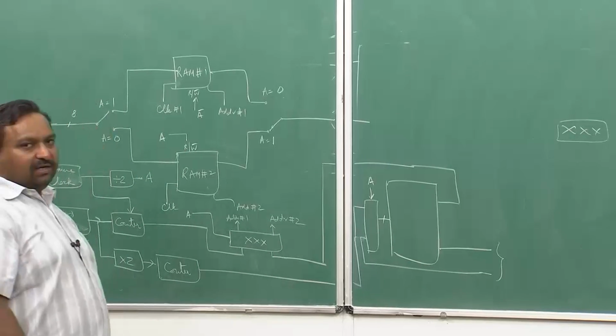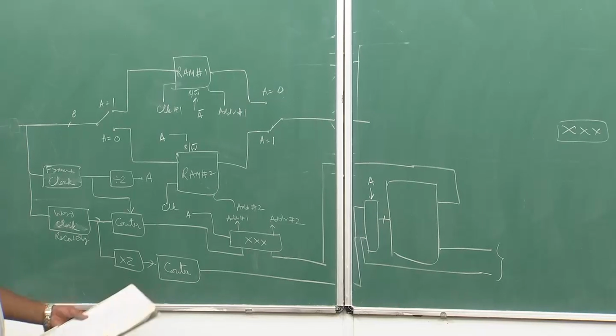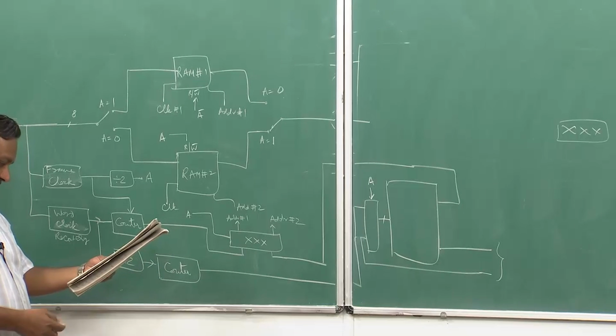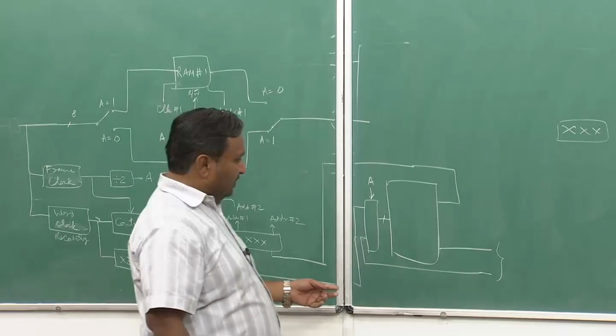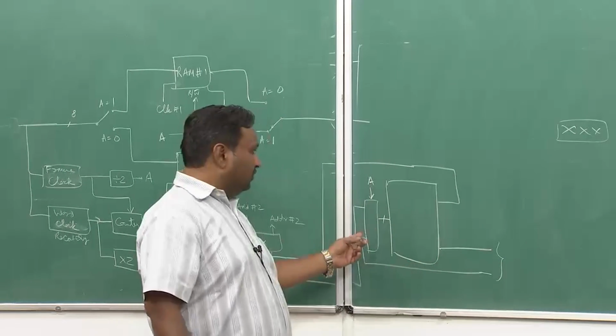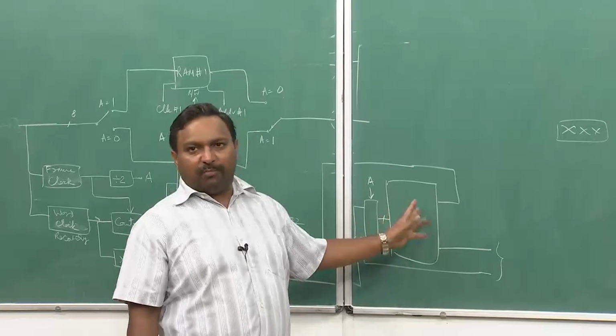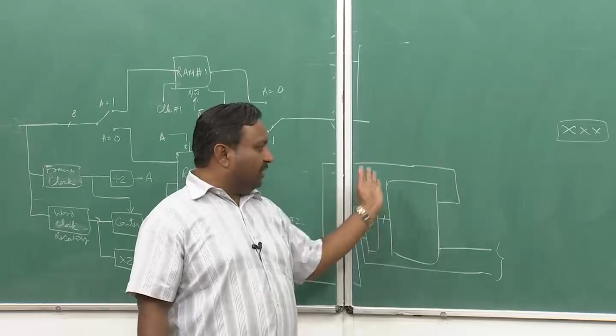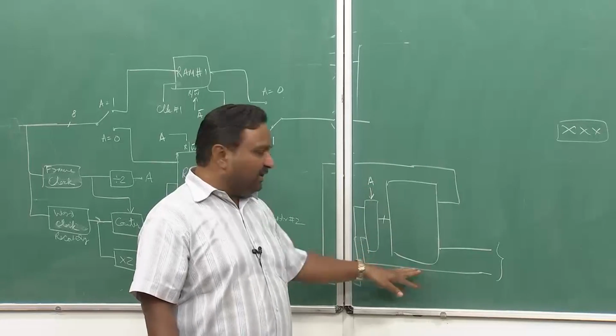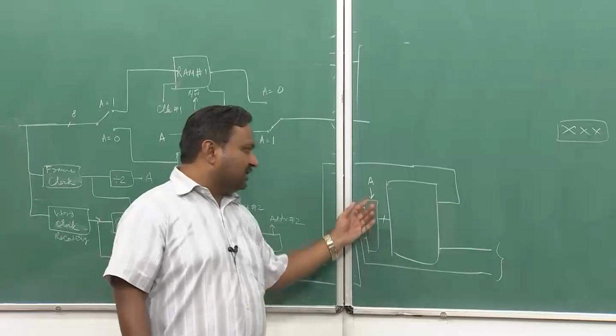But remember there is also another problem, that not only A has to be there, but you also have to ensure that you can write into this, because this will be operating all the time. So in one half it will be reading out, and in the other half you can write into this control memory.